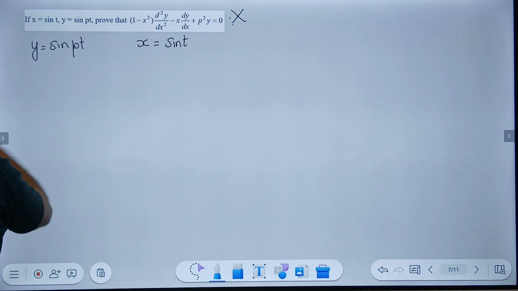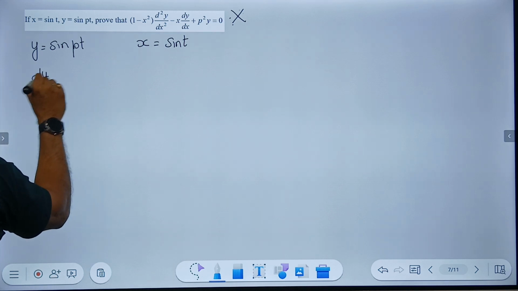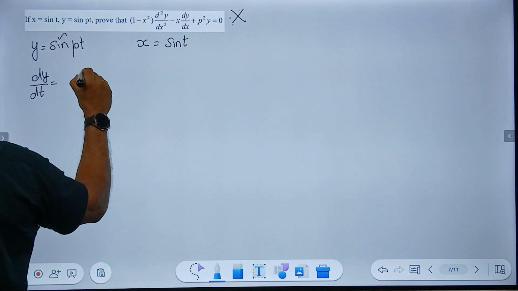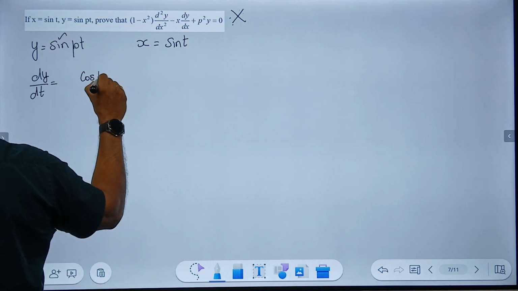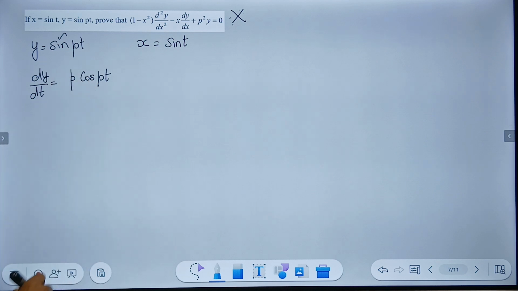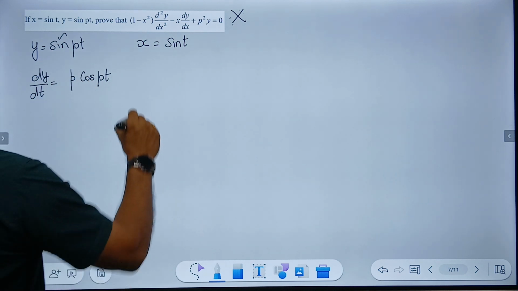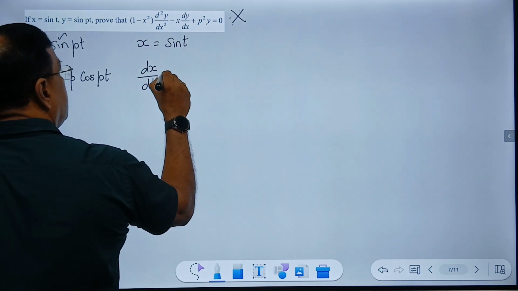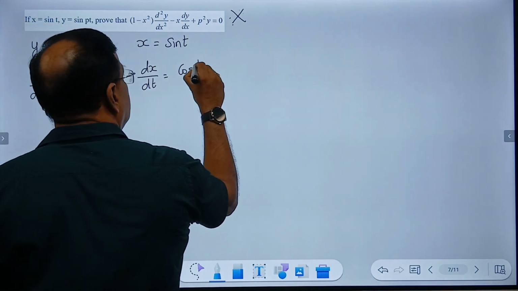Now what I want to do is dy by dt. What is dy by dt? First I differentiate sine, that is cos pt. Then I differentiate pt, so it is p. Differentiation of t is 1 because I am differentiating with respect to t. Now what is dx by dt? dx by dt will be cos t.